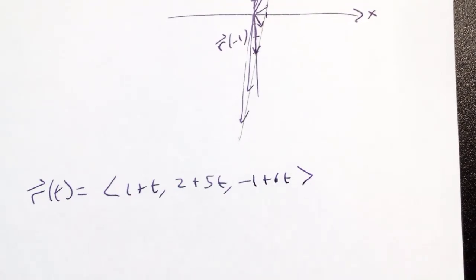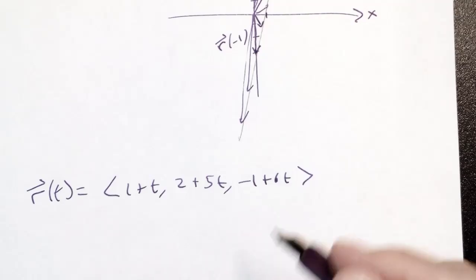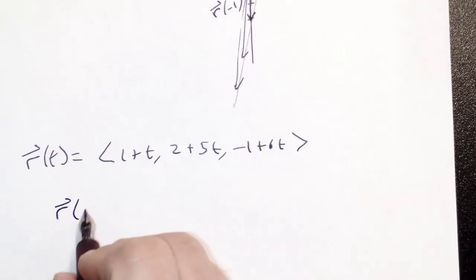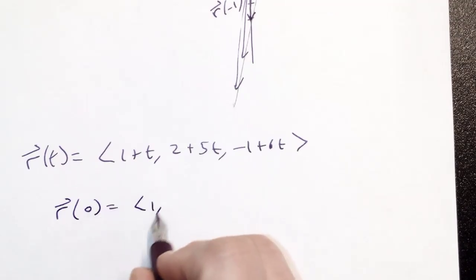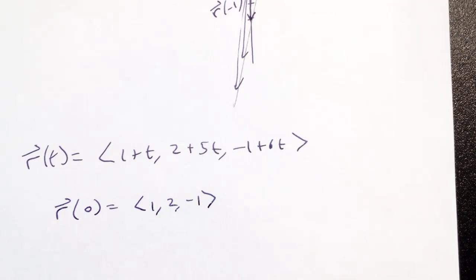I know this is a line based on what we did last time. But what that means is that when I have t equals 0, r of 0 in this case is 1, 2, -1. That means we start at the origin and point at that spot. 1, 2, -1. So this spot is on my graph.